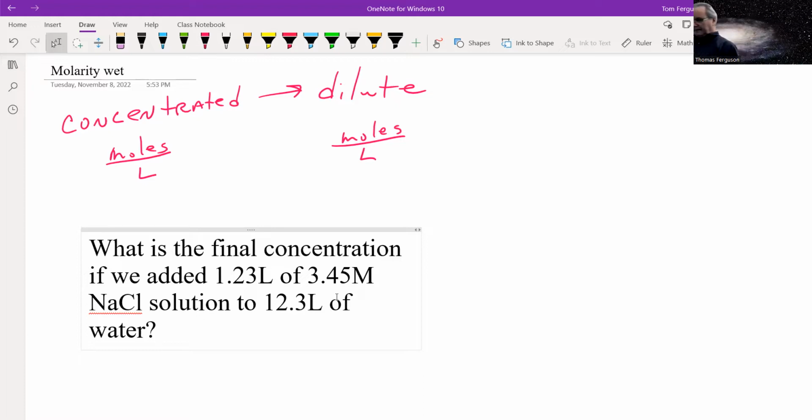Without much calculation, what's our final volume? Is it 12.3 liters? If it's not 12.3, it must be, yeah, we just add them together. So it'd be 13.53. That's our final volume.